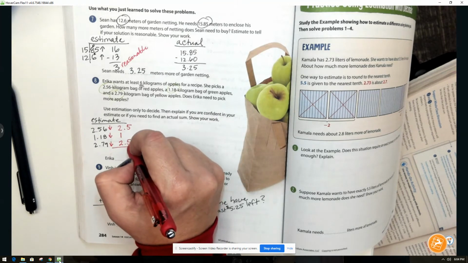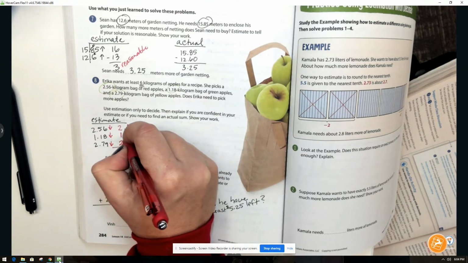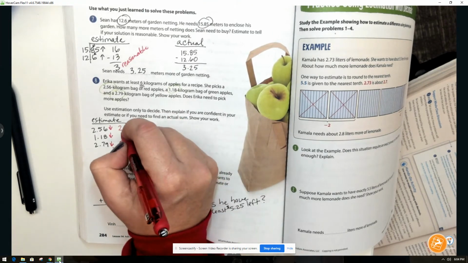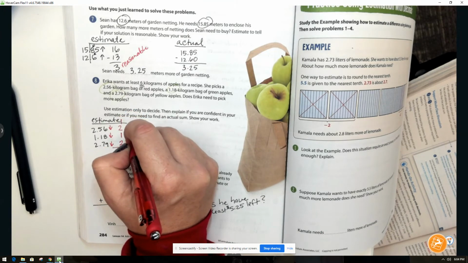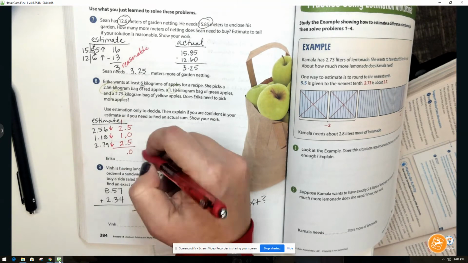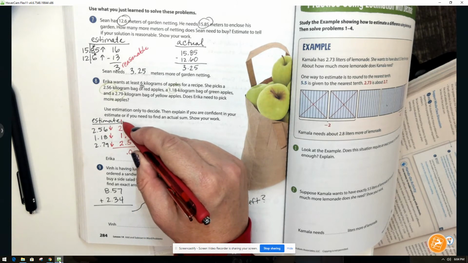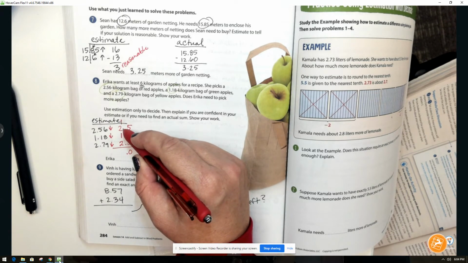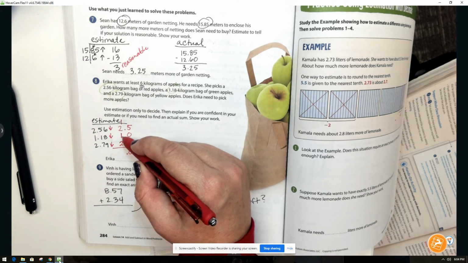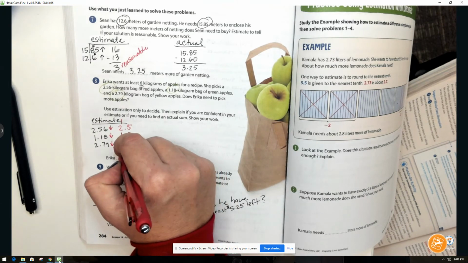So 5 plus 5 is 10, so 0. Bring my decimal straight down. And then carry my 1 because I'm regrouping my 10 tenths into a 0 tenths and 1 whole. 1 plus 2 is 3. 3 plus 1 is 4. 4 plus 2 is 6.